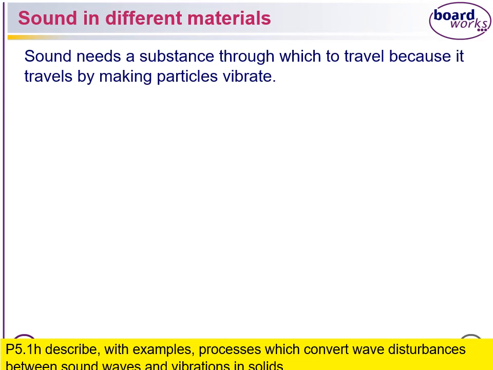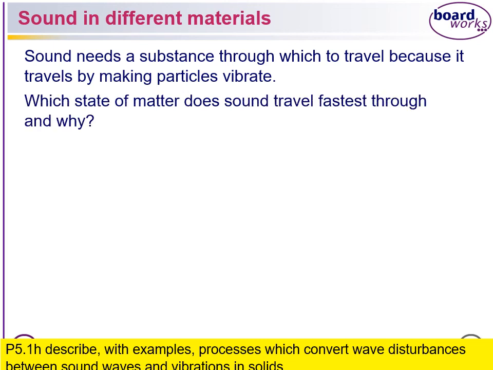And the last thing you need to know is, how does the speed of sound change in different materials? So you know that sound travels by making the particles vibrate. So what do you think? If the particles are closer together, will the sound travel faster or slower? More particles together means it is easier to transfer the vibrations, right?